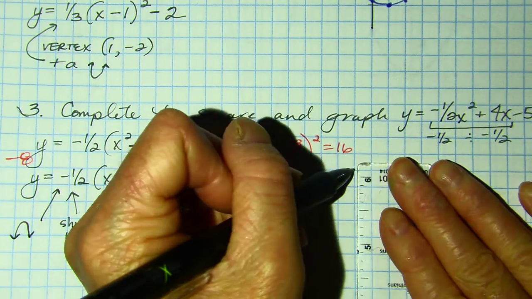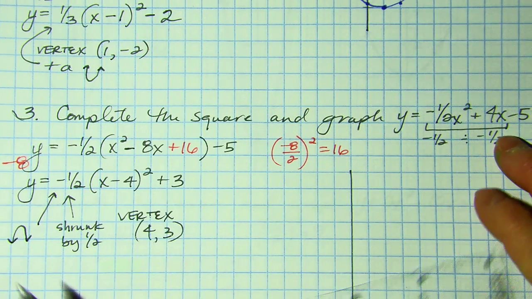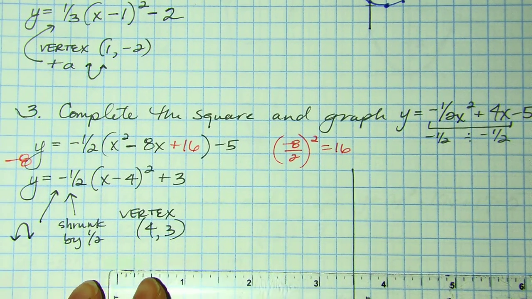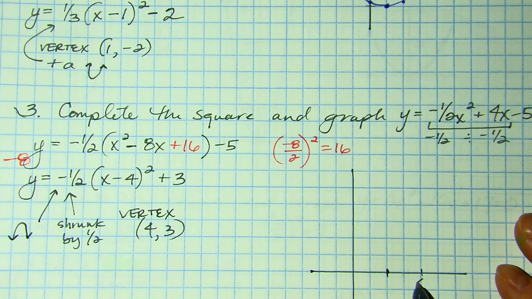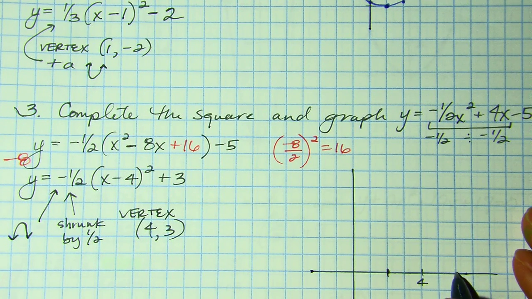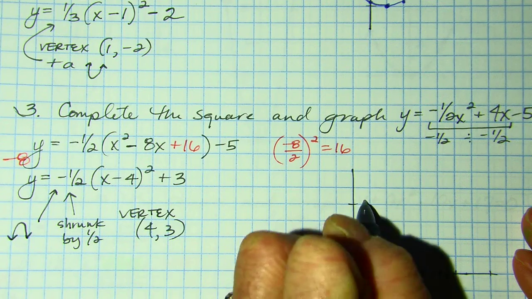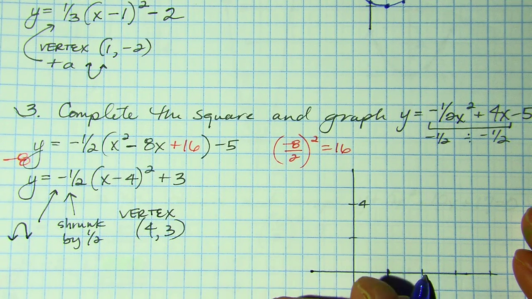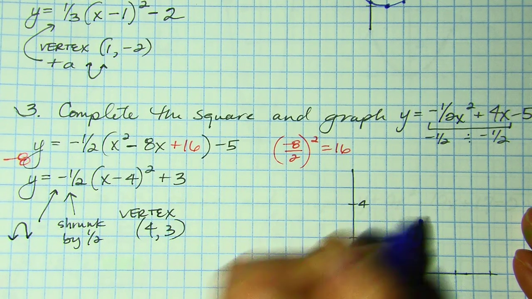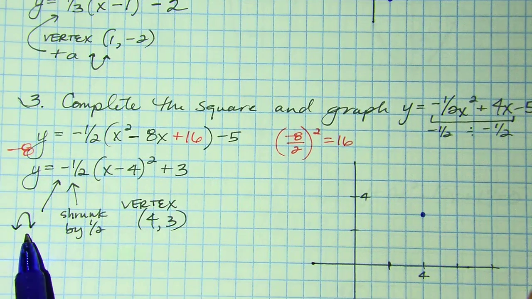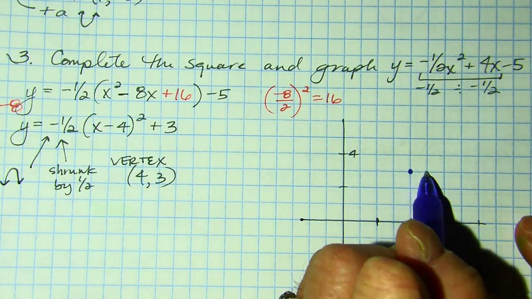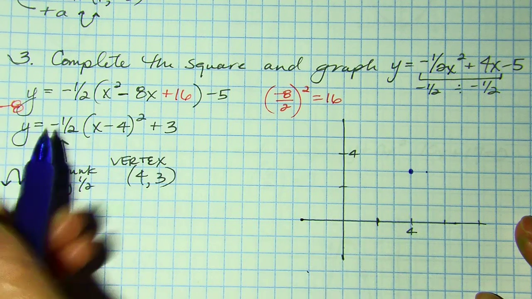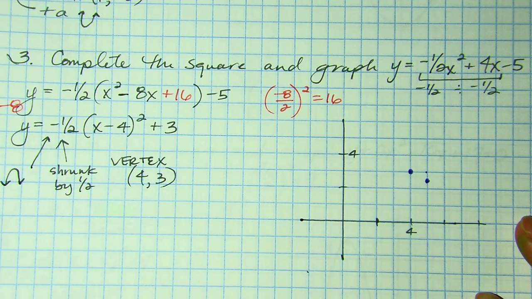So here is my graph. It doesn't need to be very large. All right, so I have a vertex of 4, 3. My graph points down, so I'm using my method, but I'm just going down for the points. So if x is 1, 1 squared is 1, but I'm cutting it in half. So I'm only going down half.